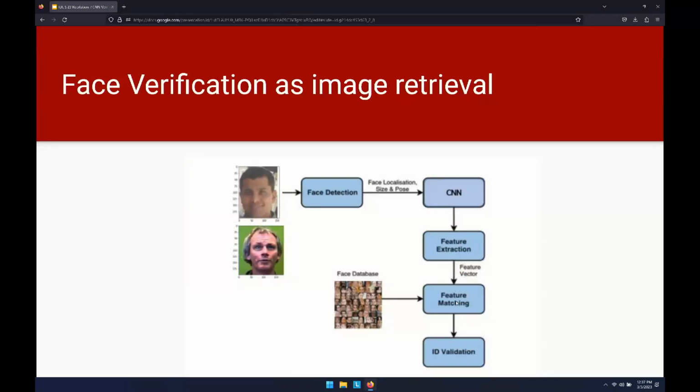But now let's talk about verification. You have these features, which are basically the network's attempt at separating different faces in this hyperspace that we're working with. For our case, we're going to put in an input image, get its corresponding feature vector, and then we have a face database which has all the features of the other people that we're working with. Our end goal is to find out what our input feature vector corresponds to with respect to the features in the face database. Does that make sense?